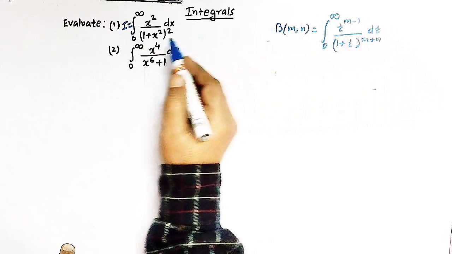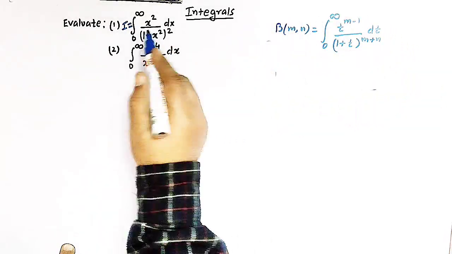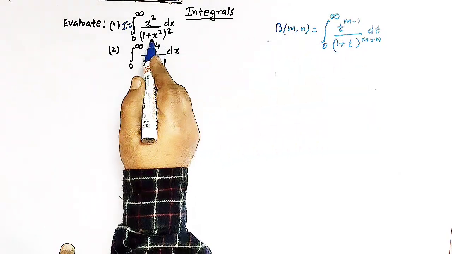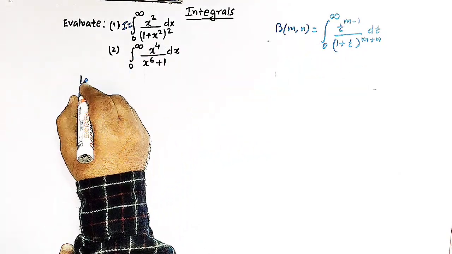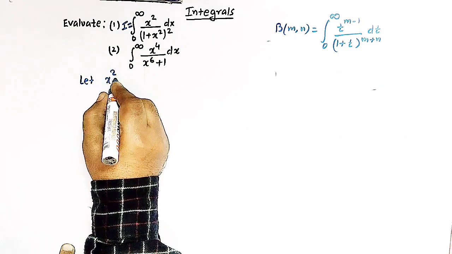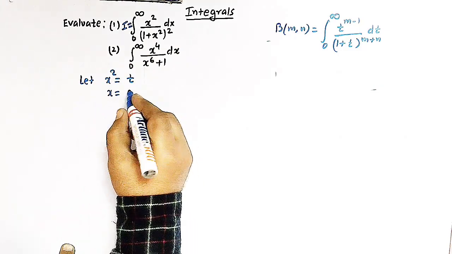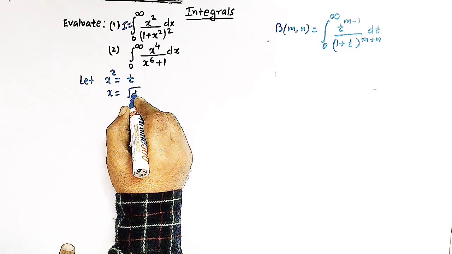So here we'll first reduce this integral into the beta function, and let us first take x square is equal to t, right? So x can be written as square root of t.